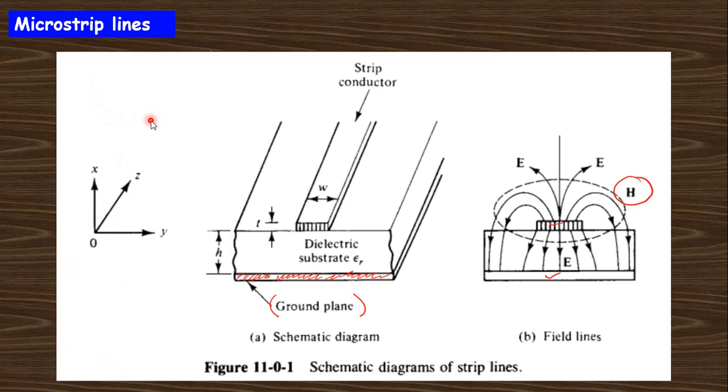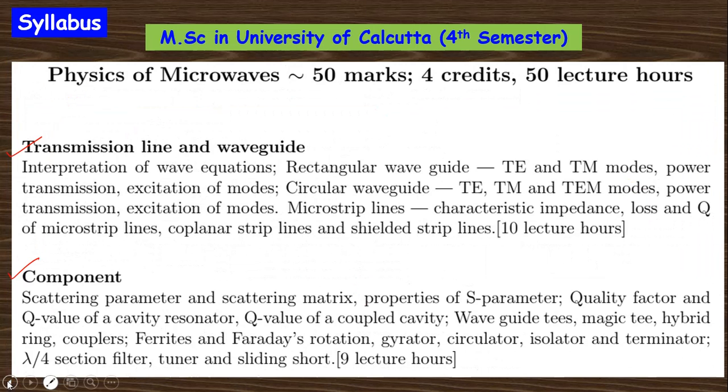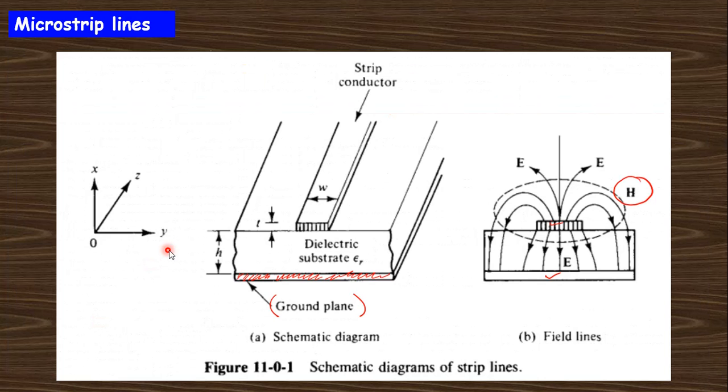You remember in the first class, in the transmission line and waveguide, there were microstrip lines and their characteristic impedance. We already discussed the microstrip line: there was a conductor on the lower side, and on the upper side a strip conductor, and their dimension was in micrometers. That's why this is called the microstrip line.